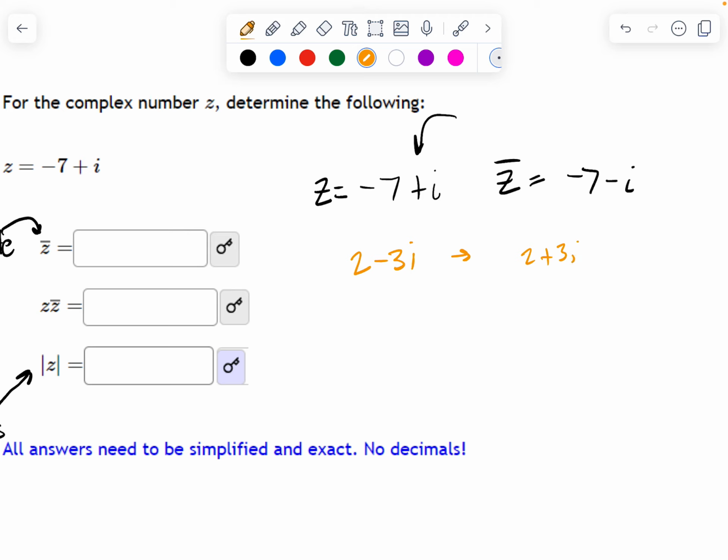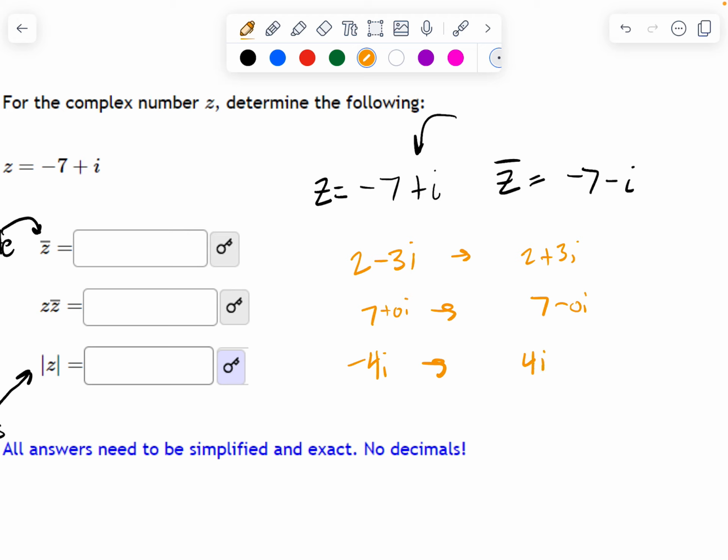Right? Let's say that we had 7. What's its conjugate? 7, because that's plus 0i. This would technically be minus 0i, which is still just 0, and it would not change. What if, this is kind of the weird one, we had a complex number of negative 4i? What would its conjugate be? Plus 4i.